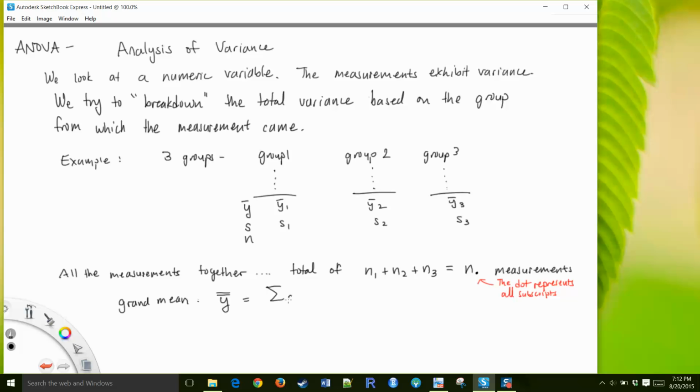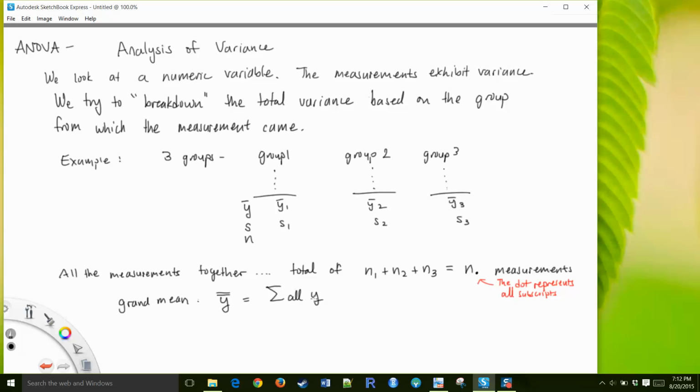You can't just take those and average them. You would have to add up all of the data points together.